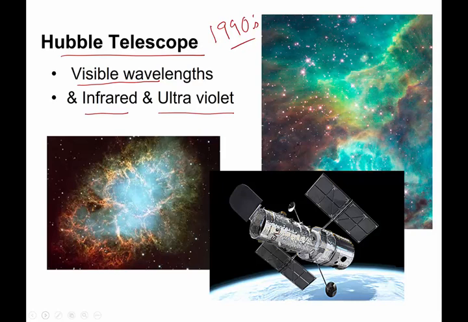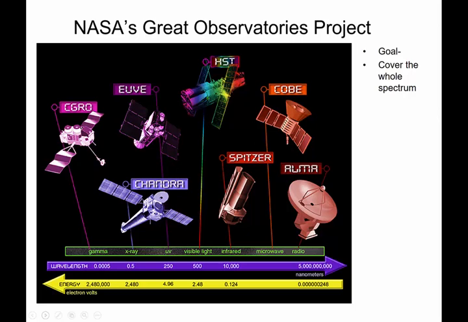And Hubble was a game changer. It gave us information that astronomers did not have before due to its location above the Earth's atmosphere. Hubble is part of what is referred to as NASA's Great Observatories Project. And NASA's goal is to cover the whole electromagnetic spectrum, so that we can see everything from radio waves to gamma radiation coming from outer space.